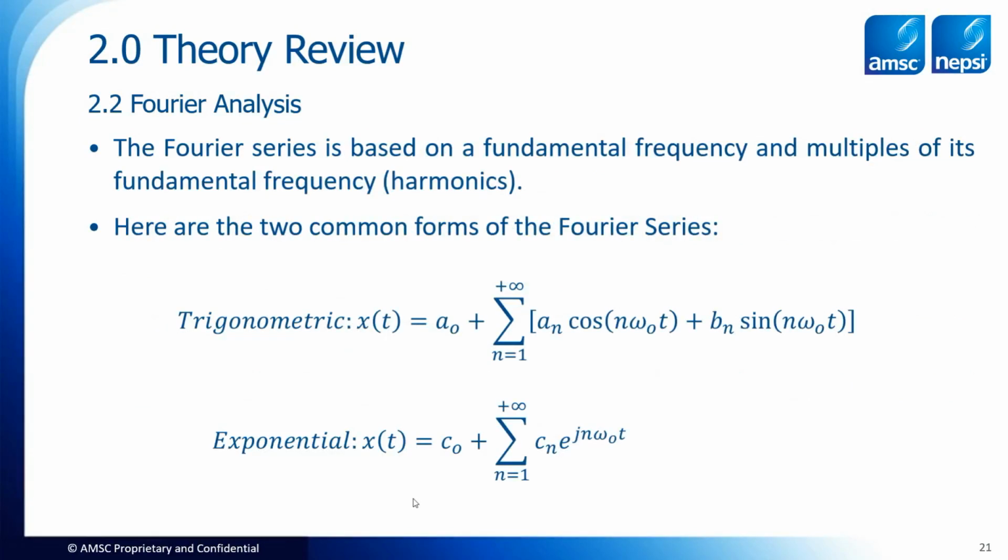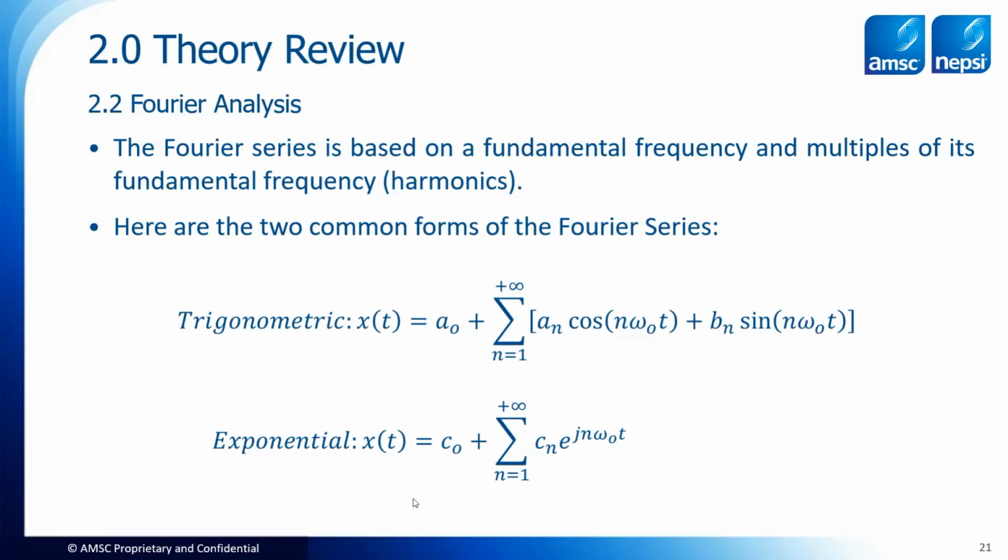Now, Fourier series is based on a fundamental frequency and multiples of that fundamental frequency that we call harmonics. And here are the two common forms. We're not going to dive a bunch into this, but again, we're looking at the surface, just trying to get some foundation laid in front of us so that we can fall back on this if we ever need to do any advanced analysis or computations or some theoretical work on it.